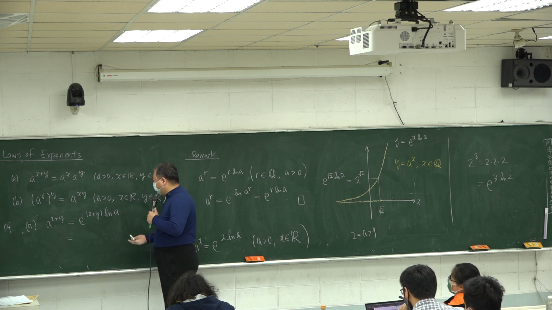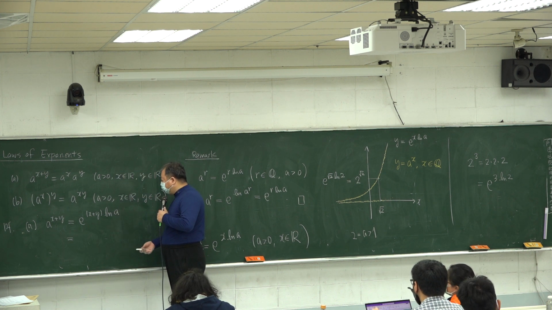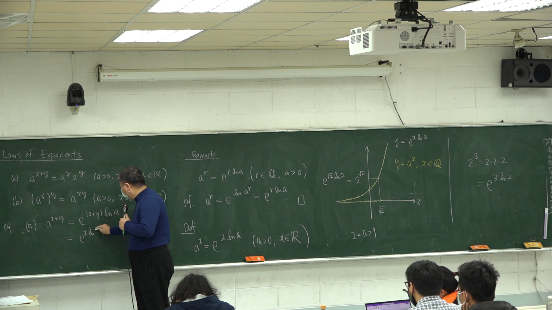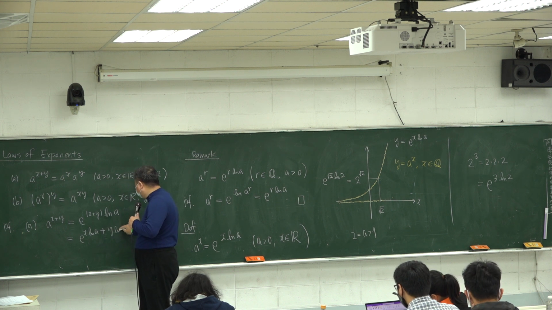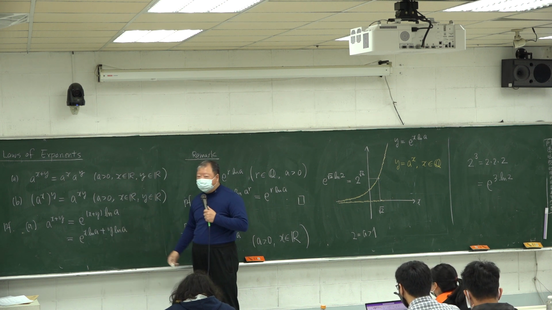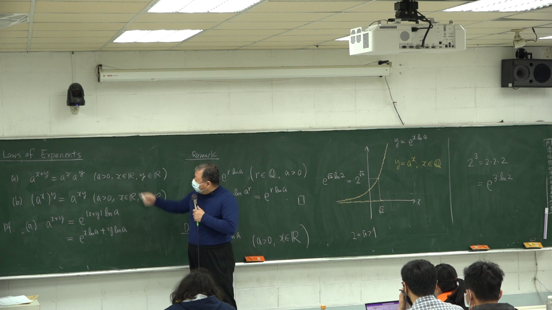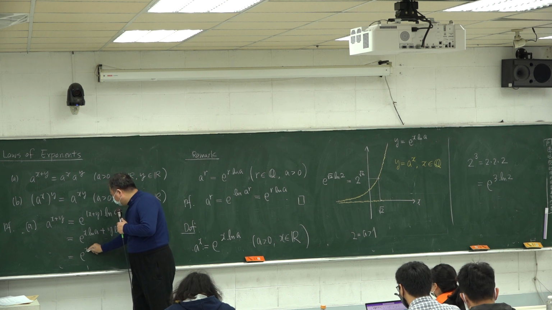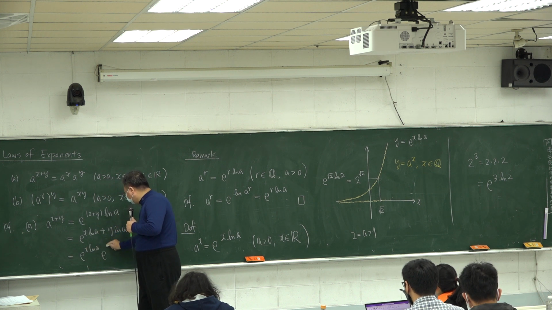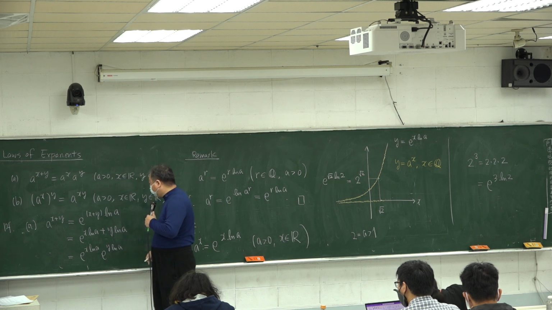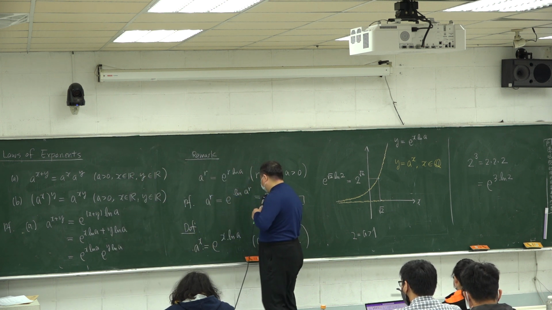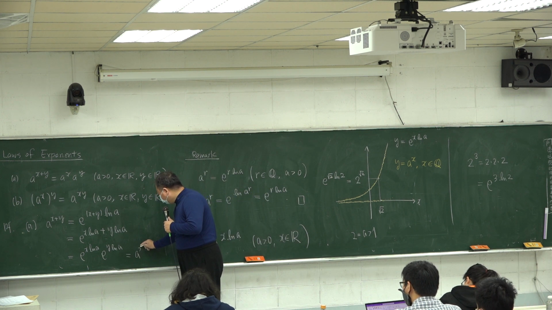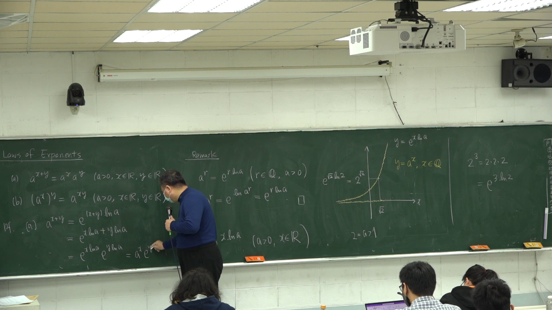Use the properties of real numbers, the distributive law. Then use the laws of exponents for the base e. Again, by this definition, this is exactly a to the x times a to the y.